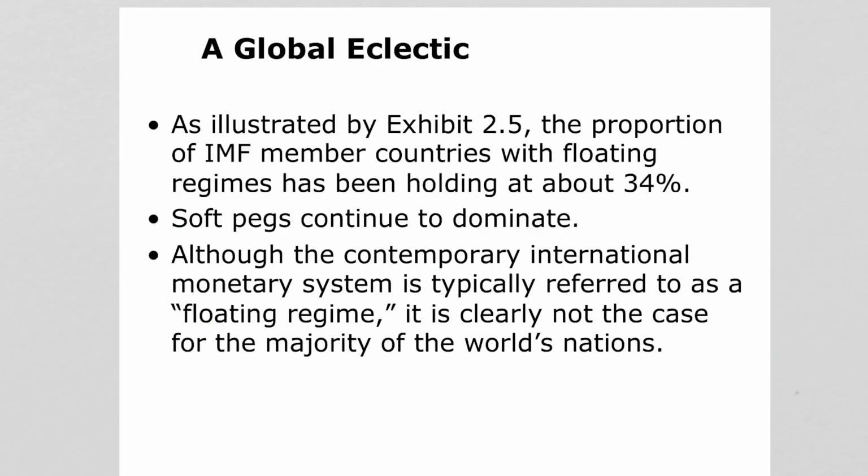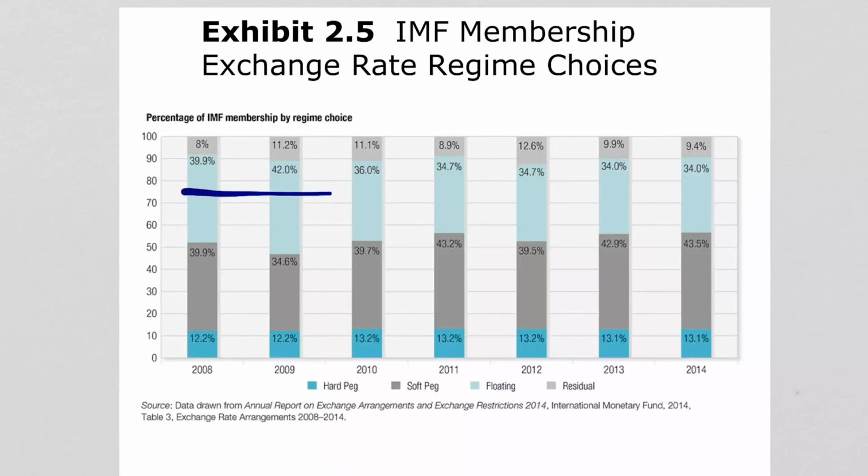Of those countries that have IMF membership, which are most countries, about 34% of them have a floating exchange rate. That's what you see in light blue here. But almost an equal number have a soft peg.